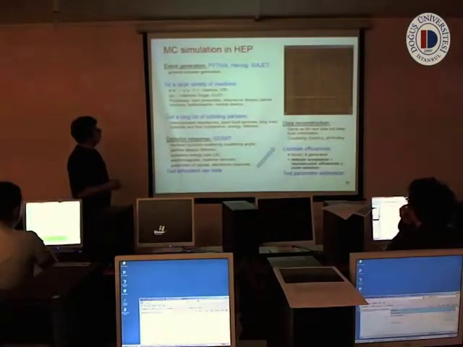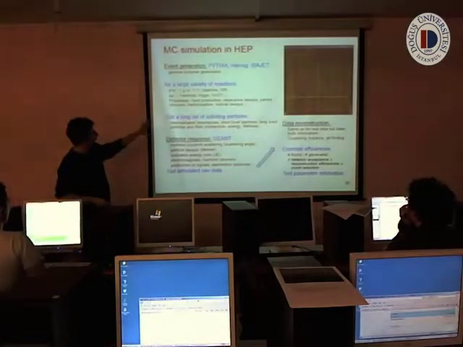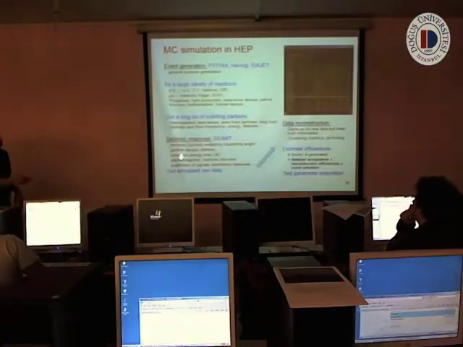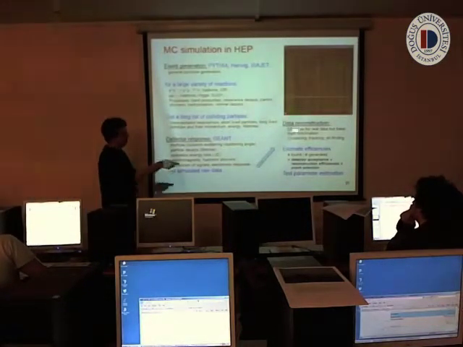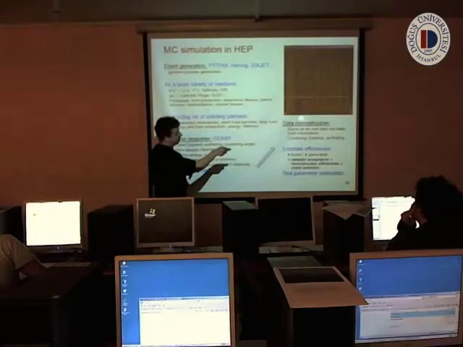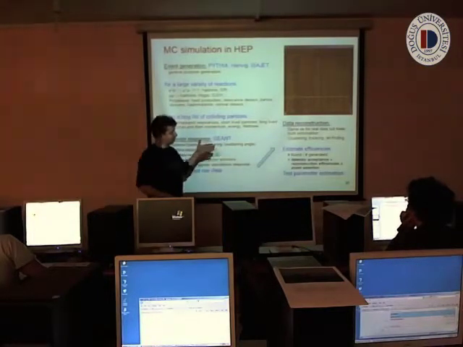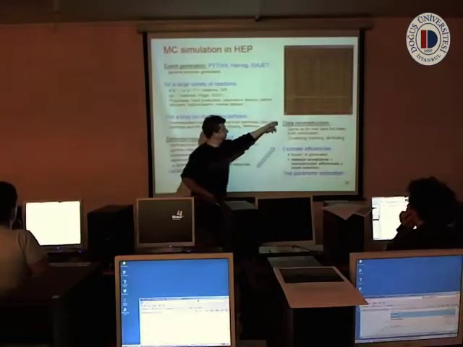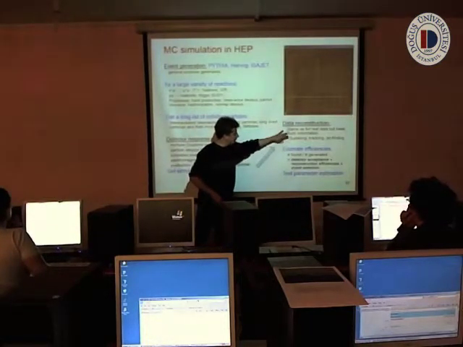So Monte Carlo simulation in high energy physics, I think I will not go into this because I told you everything about that. Event generation, detector response, data. From the detector response you get simulated raw data, which you then put through your data reconstruction. That is the same for Monte Carlo simulated data and for the real data from the detector: you run both times the same algorithms.